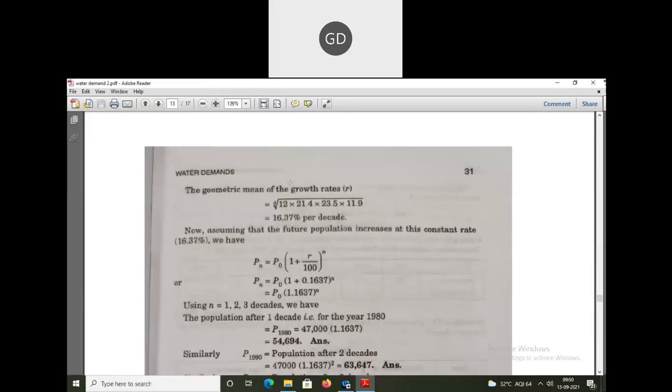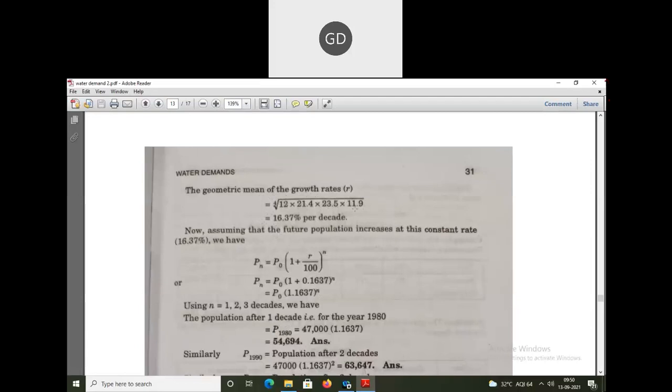So what is the t? We have 4 values we got in the column, right? These 4 values: 12, 21.4, 23.5 and 11.9. For that reason we are putting 4 here.